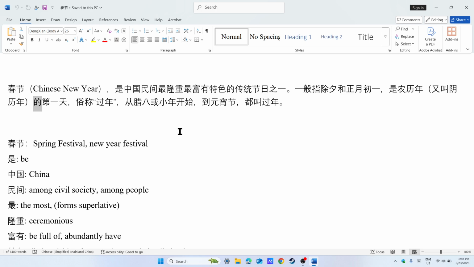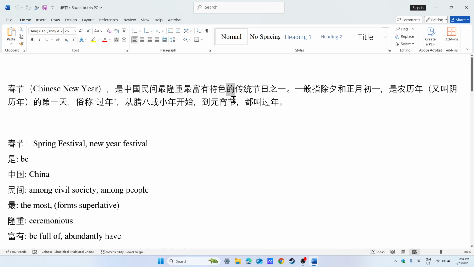Some people write a sentence and use this 的 too much, and some people don't use this 的 at all. So this is a kind of degree. And I think in ancient Chinese there's no 的. I remember, but I'm not sure now. I'm not completely 100% sure.